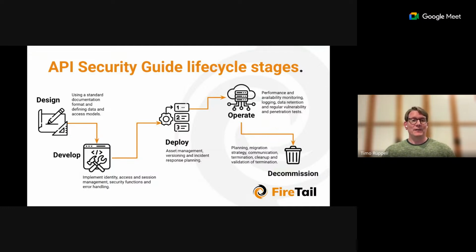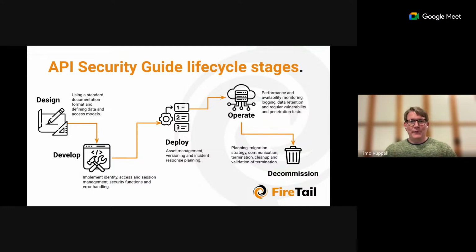Again, security functions and error handling are in here. I should point out specifically that this is not a guide about development best practices as is. That is a whole other ballpark. So the development section of the API security guide focuses specifically on issues that relate to how to develop an API. What are the important security considerations when developing an API, instead of just listing the normal programming best practices, which you should obviously also follow.